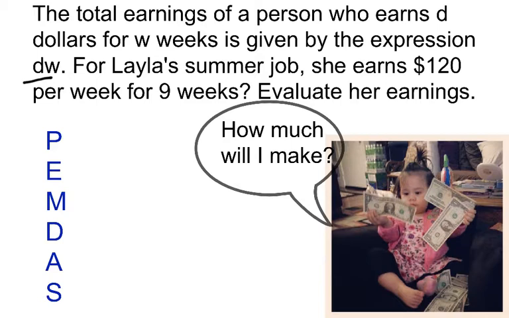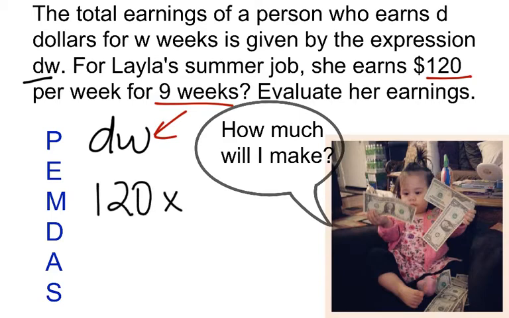So how much money will little Layla make if she has this job? Let's check it out. So first we're going to rewrite the problem, dollars times the week. Well, she earns 120 for the D. And then we know that 9 is our weeks.